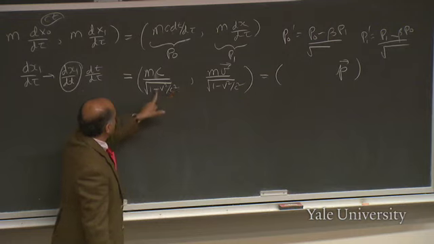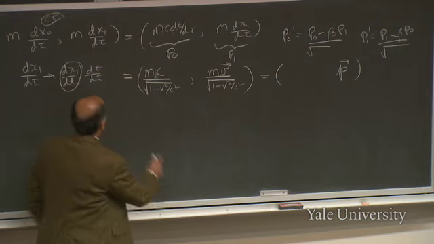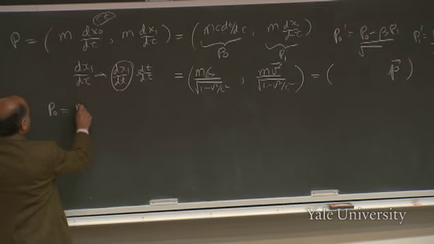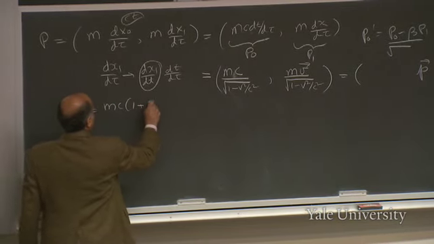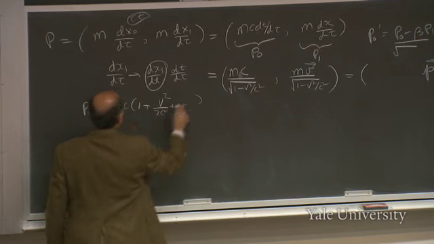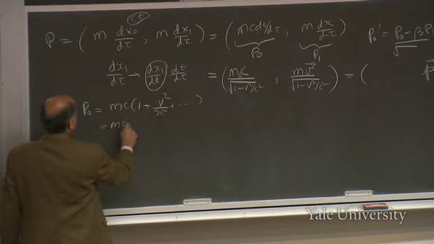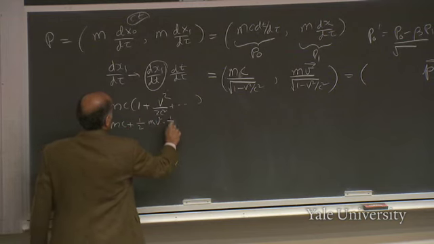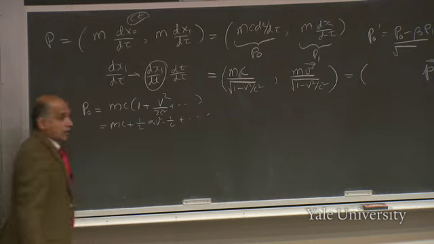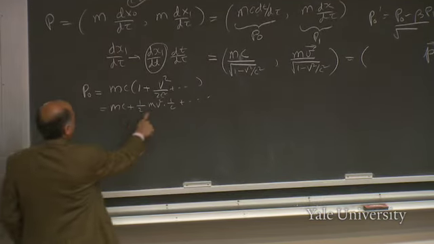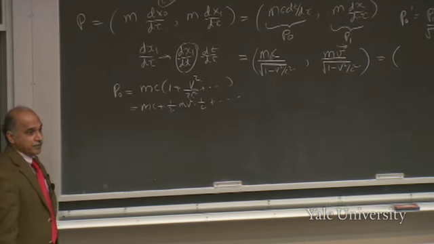But if you expand the square root a little further out to one more term, we found that the 0th component, p0, looks like mc times 1 plus v squared over 2c squared plus dot, dot, dot. That becomes mc plus 1/2 mv squared times 1 over c plus dot, dot, dot. And now I finally have something I understand, because 1/2 mv squared is the familiar kinetic energy.